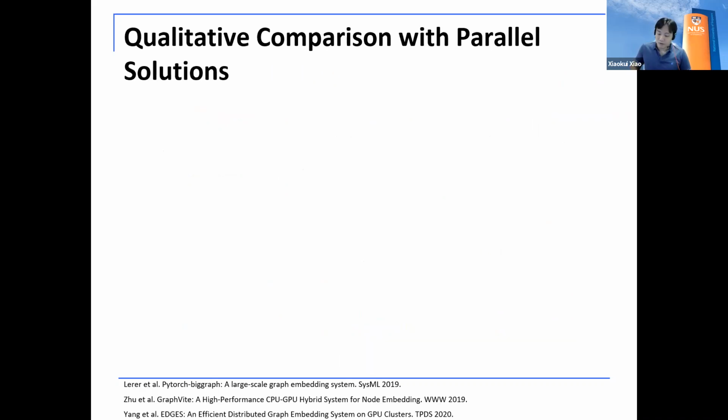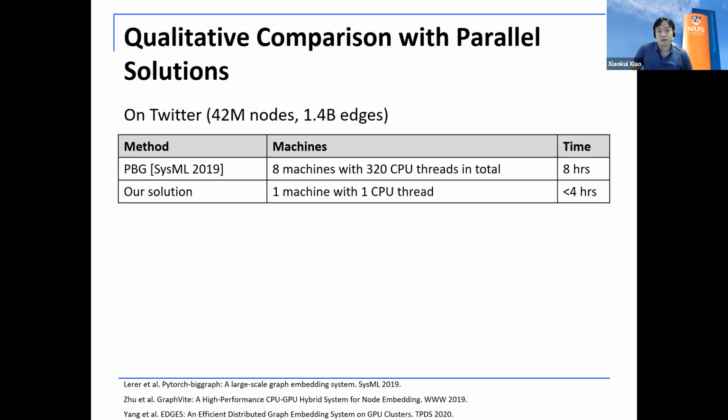Okay, but of course, this set of experiments was based on just a single CPU thread. A natural question would be, what's going to happen if we allow those solutions with parallel implementations to use more computation power? To answer this question, we extract some performance numbers from the existing work that propose parallel solutions, and we have a qualitative comparison with those numbers.